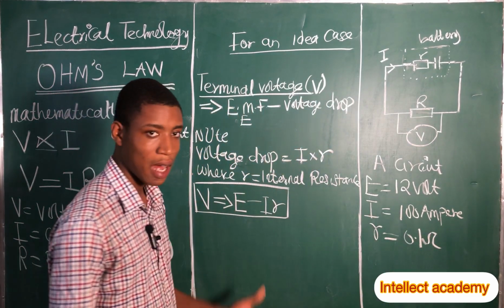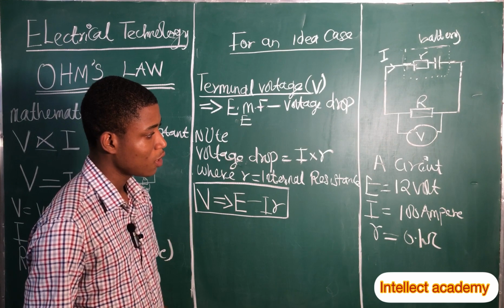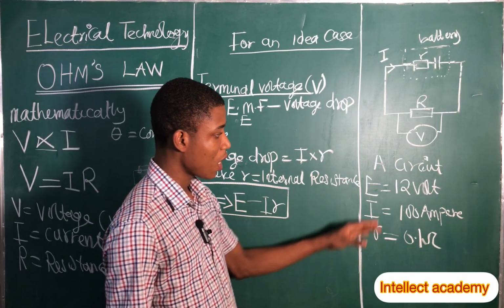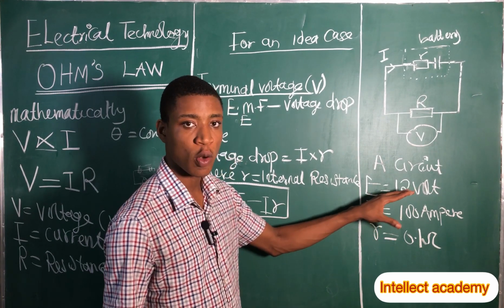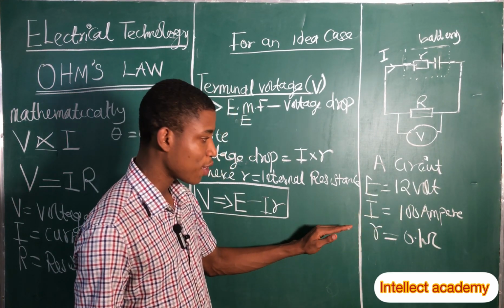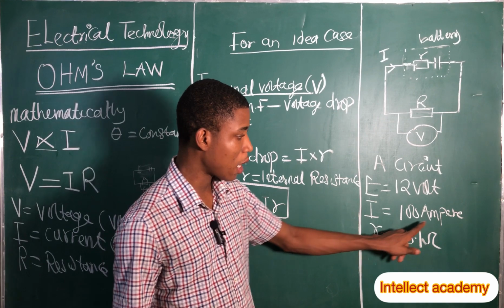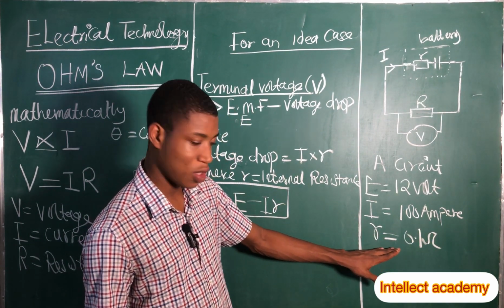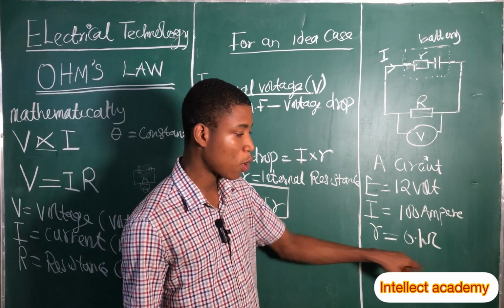Calculate the terminal voltage. If a cell battery has an EMF of 12 volts, the current flowing through that circuit is 100 amperes, and r, the internal resistance, is 0.1 ohms.